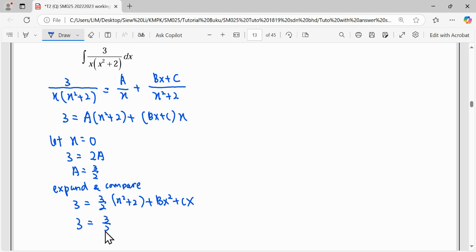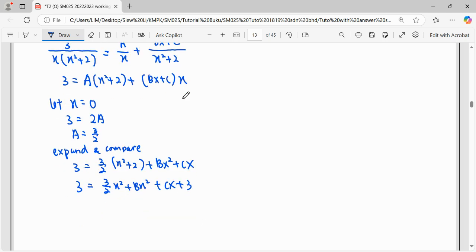So this is 3 over 2 x squared, together with bx squared, and our linear is cx. This constant is plus 3. So for x squared, you will have 3 over 2 plus b, then linear is cx, then plus 3.